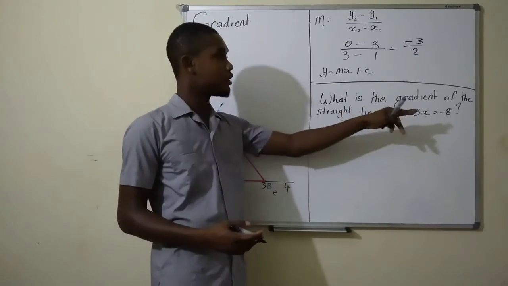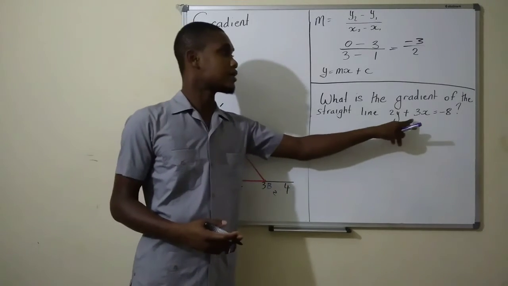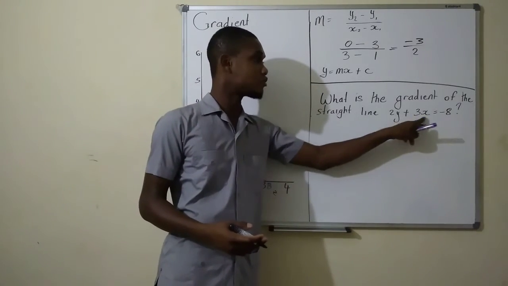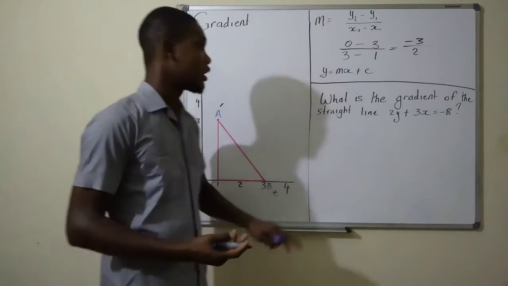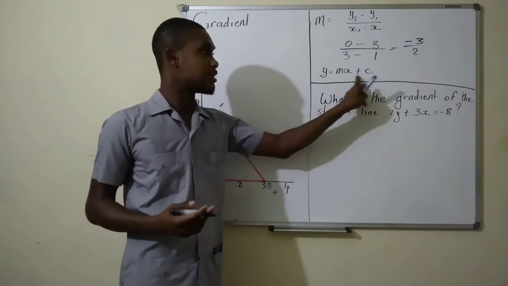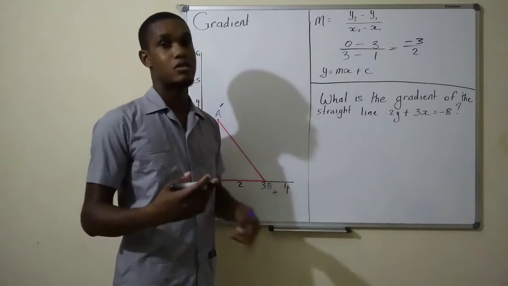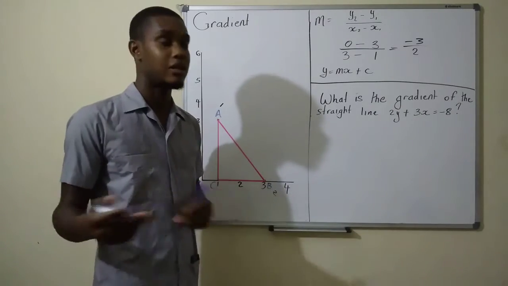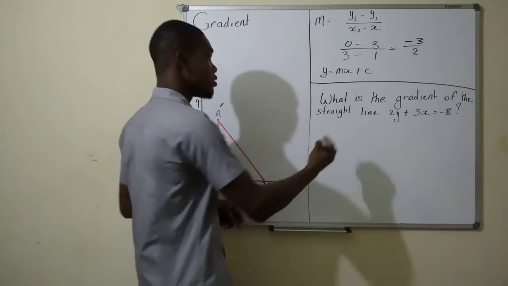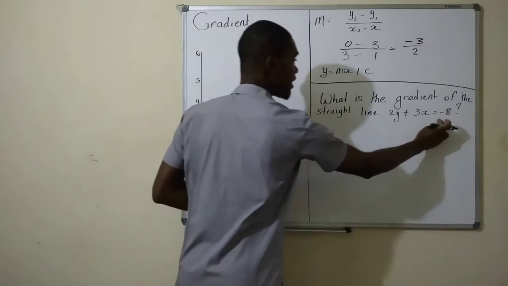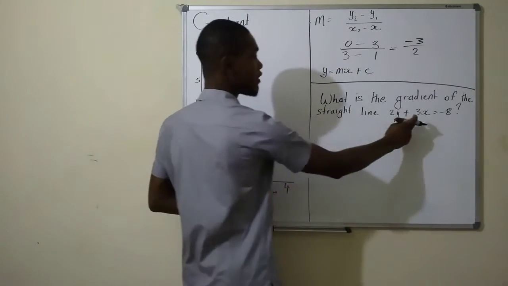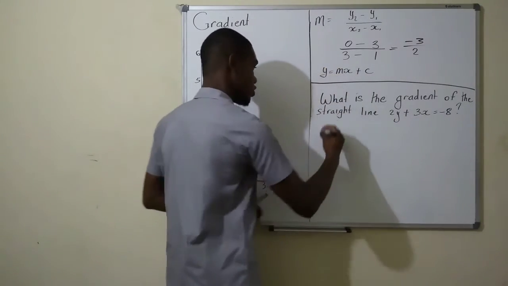It says, what is the gradient of the straight line 2y plus 3x equals negative 8? First thing, you must try to get it in this form for it to be seen as the equation of a straight line. So we are going to try to get the y by itself. The fact that 3x is being added, you'll subtract it.